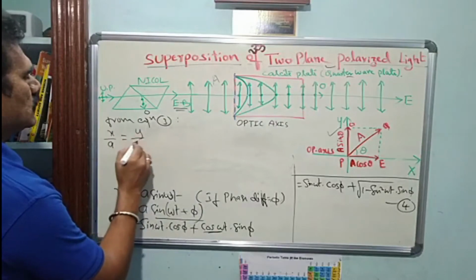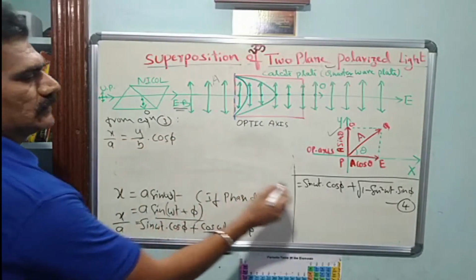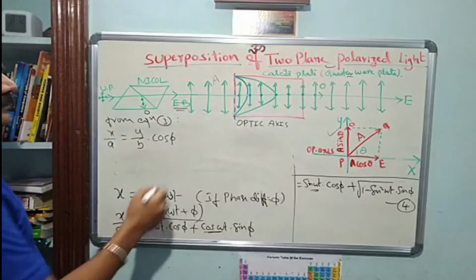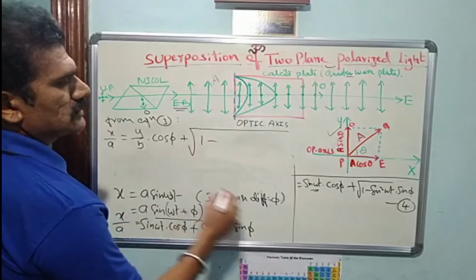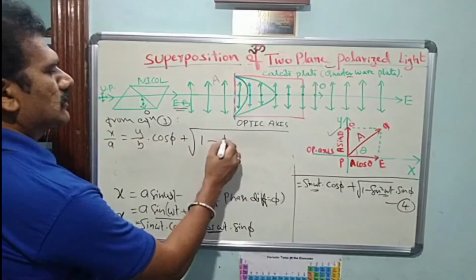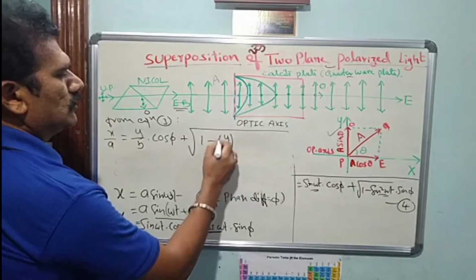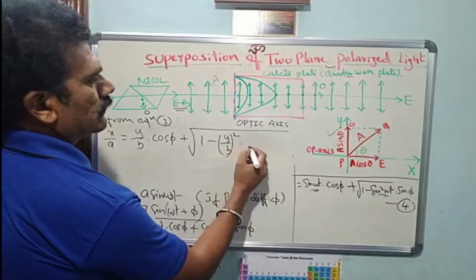So it is y by b into cos phi, correct? So substituted as y by b plus square root of 1 minus, again we have sin square omega t. Sin square omega t means we have to write y by b whole square. Clear? Into sin phi.